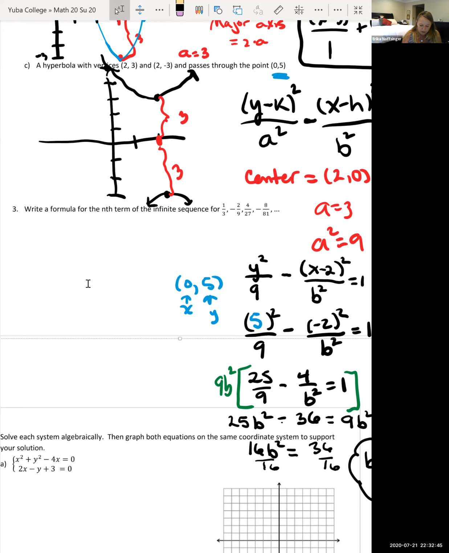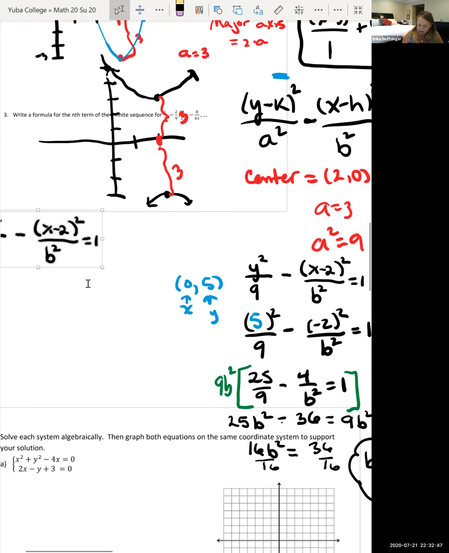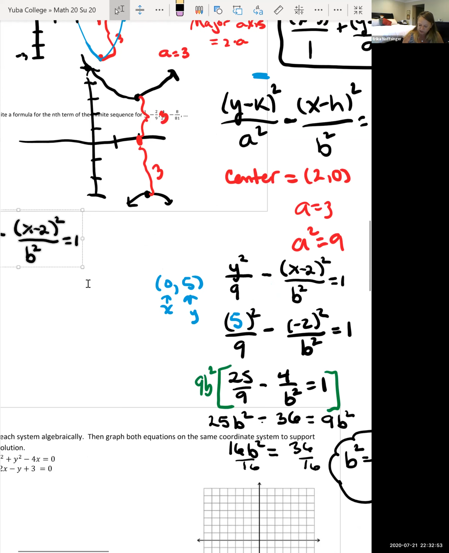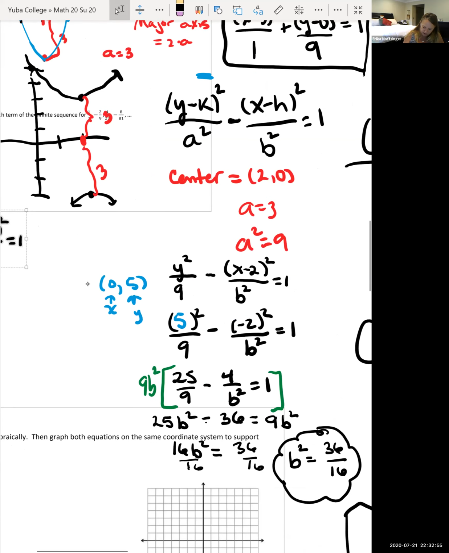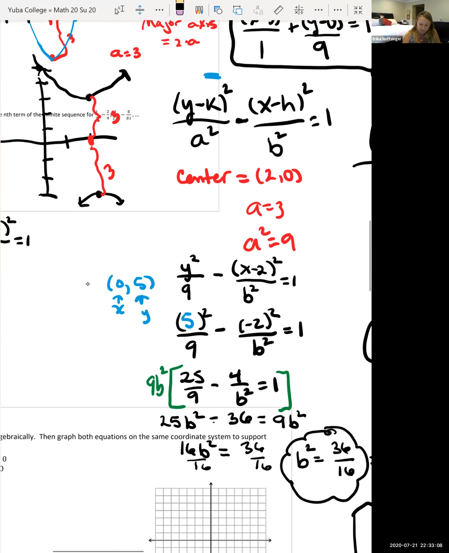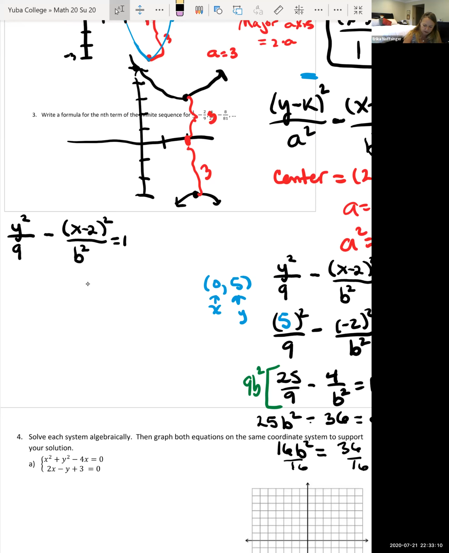And I plug in what b squared is. We found b squared to be 36 over 16, which we probably should reduce. They both have 4 in common, so that would be 9/4. So let's go back over here and plug in 9/4.